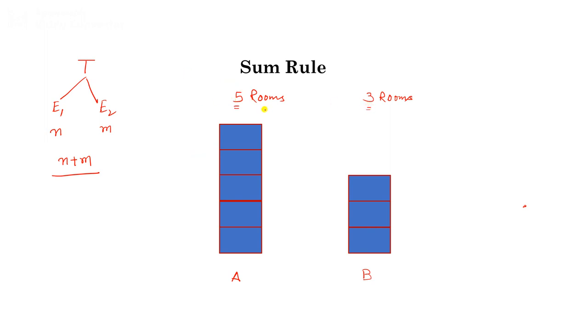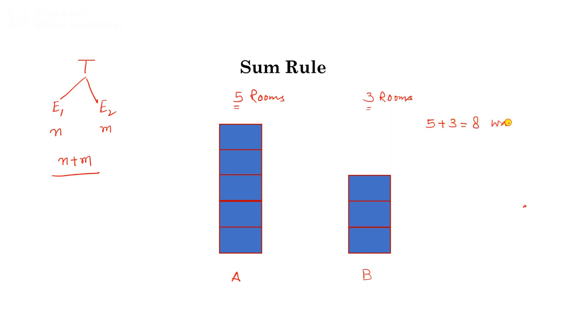So the problem is, if I have to find a room in either A or B, how many ways are there to get a room in building A or building B? This will be given by 5 plus 3, which equals 8.